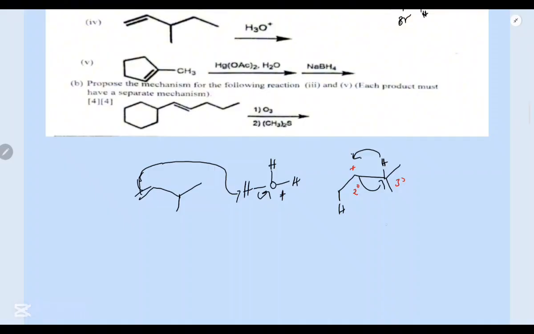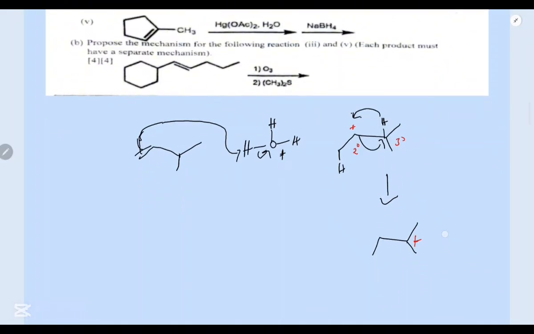Meaning this will result in our molecule having a positive charge here. Finally, from there now, the water which has been expelled from this part here, it is the same one which is here, comes and gets added there.